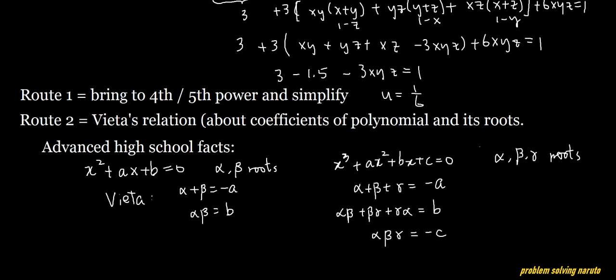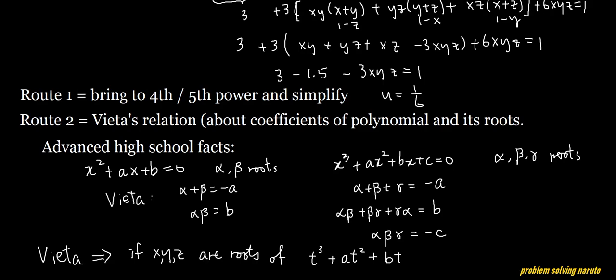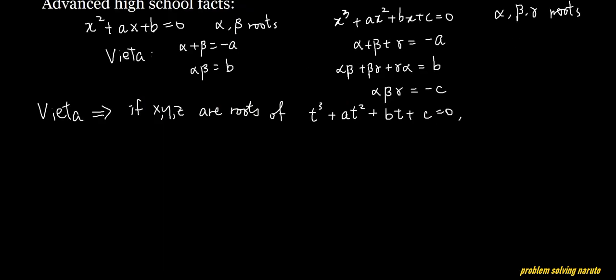So Vieta gives us that if x, y, z are roots of this polynomial, then a equals x.